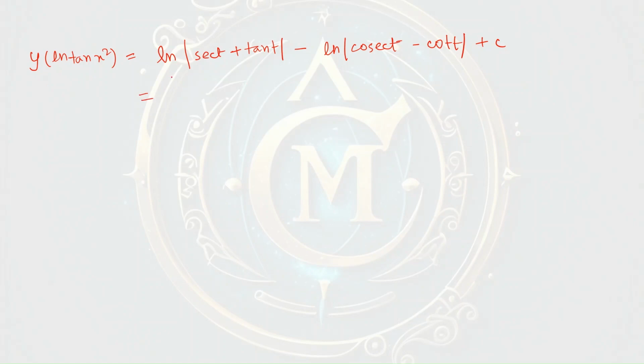Now here we substitute back t equal to x square, so this becomes log of modulus of secant of x square plus tan of x square, minus log of modulus cosecant x square minus cot of x square, plus c.